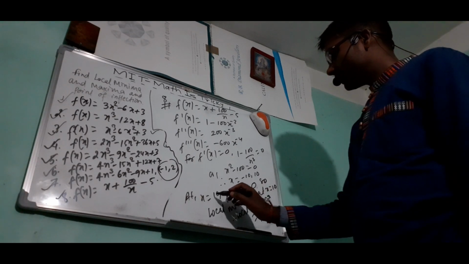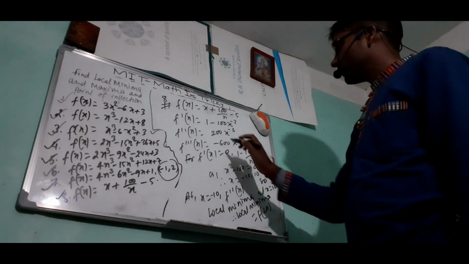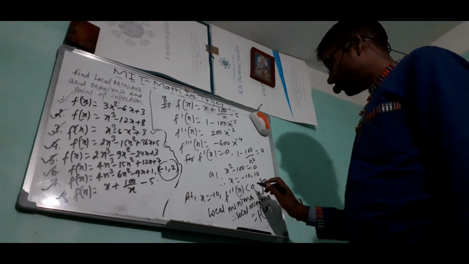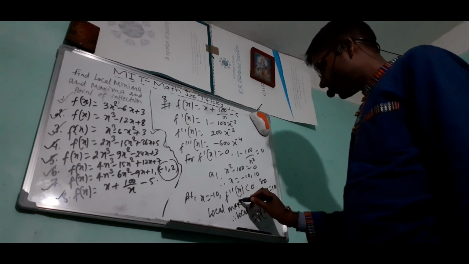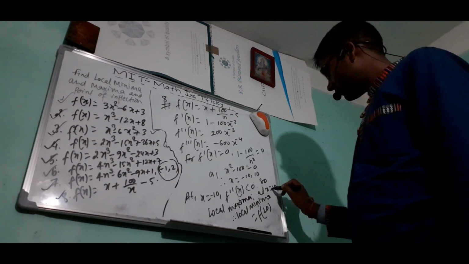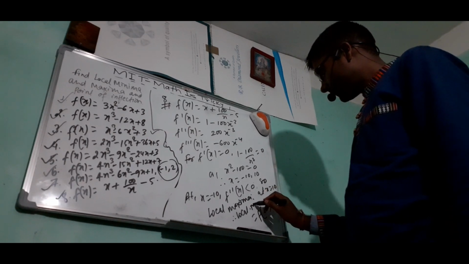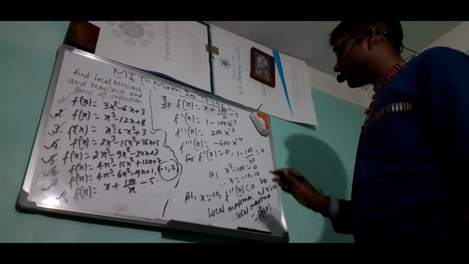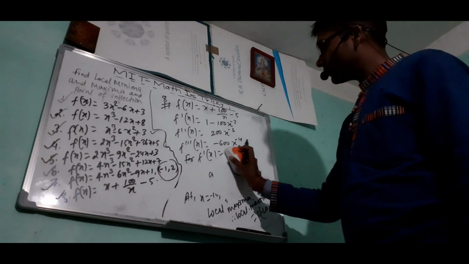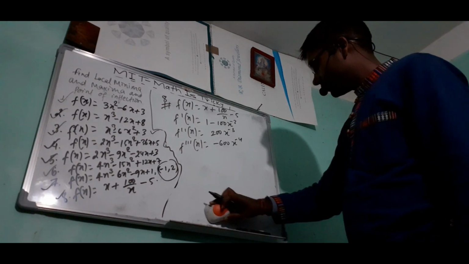Now for x equals minus 10, if we put it in, it is less than 0, so there will be a maxima at x equals minus 10. The local maxima will be f of minus 10.